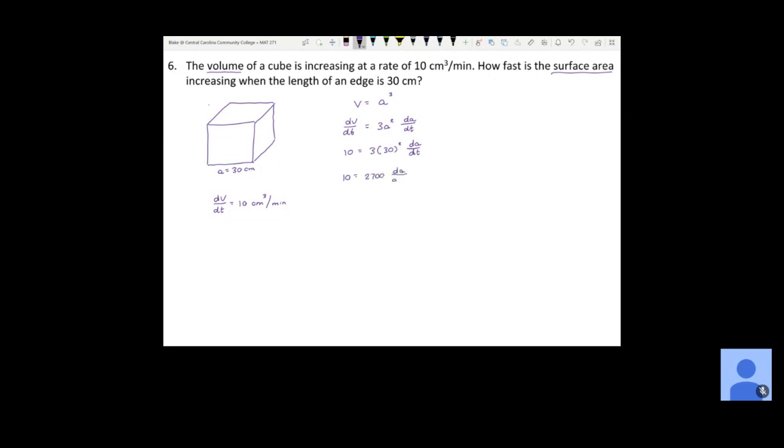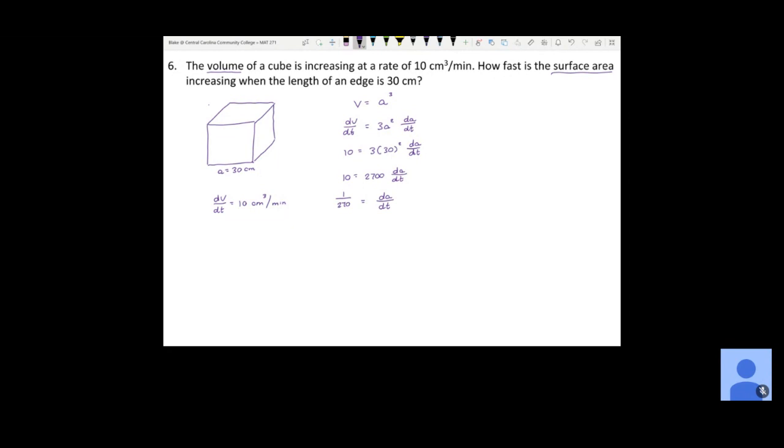Now if we divide to get dA/dt by itself, what's that going to give us? 1 over 270. All right, so that's our da/dt. So that represents the rate of change of the edge with respect to time.